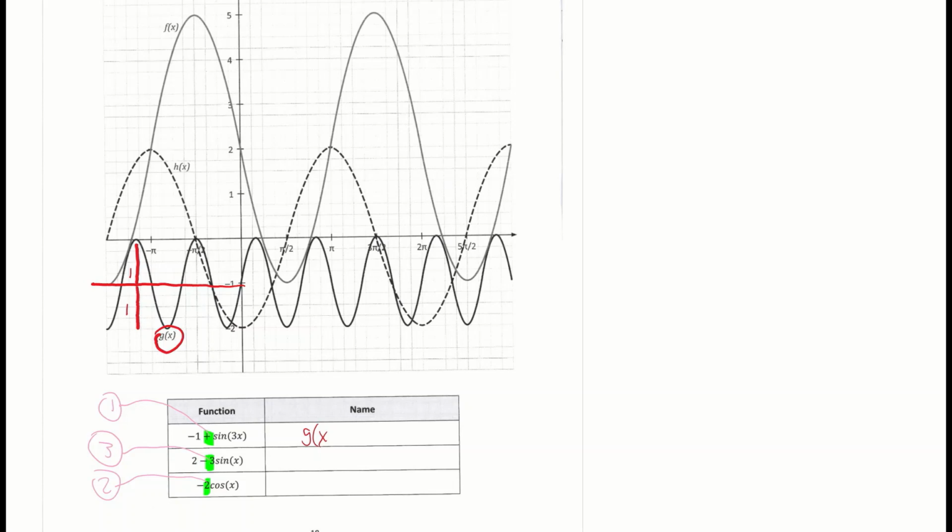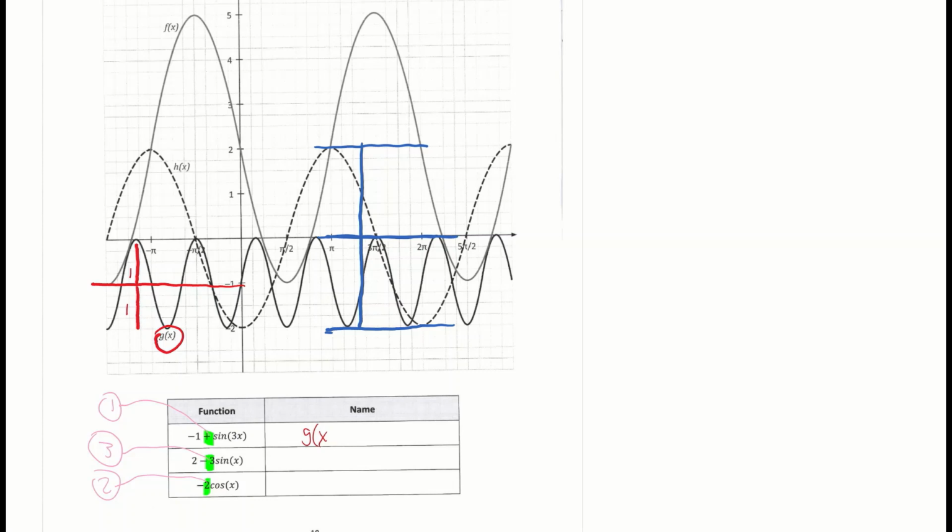And I'm now going to move on to the dotted line, h of x. So look at the h of x. It starts here, and there is the minimum point. I'm just going to draw a line down between them, the top of the dotted curve and the bottom of the dotted curve. You can see there that the midway line is y equal to 0.